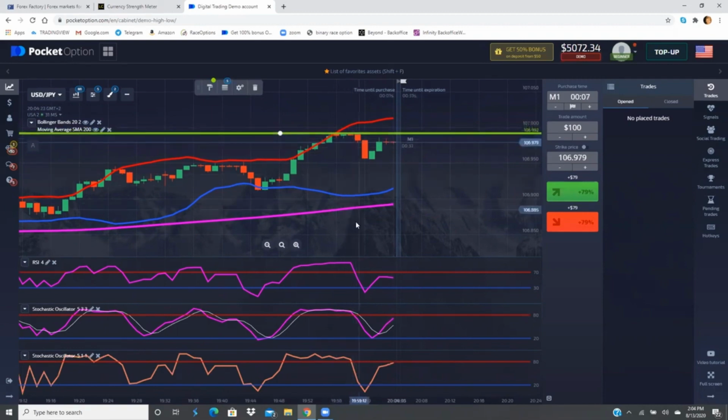We just had to wait for the turn on the RSI and all the indicators. And then we got that separation there too that I was talking about. The separation and the turn, turning down for the sell. So we definitely could have got in for this 1 minute sell. But again, we know that USD is stronger than JPY, so it's definitely more so going to keep buying than selling.